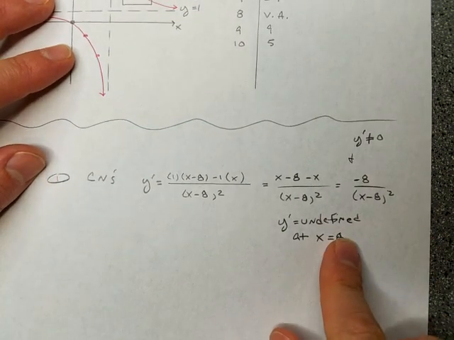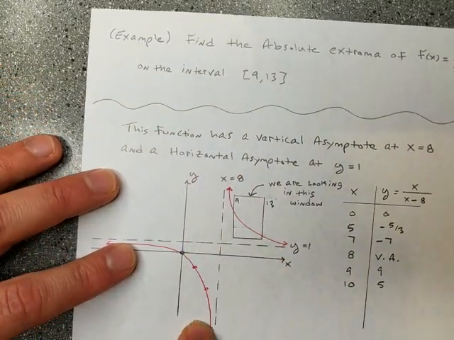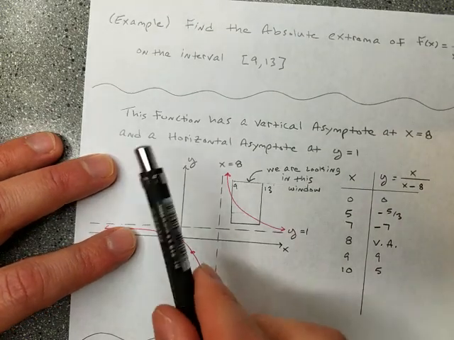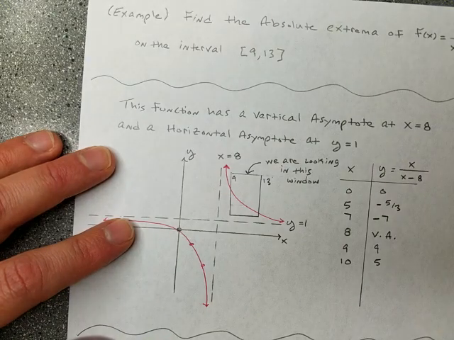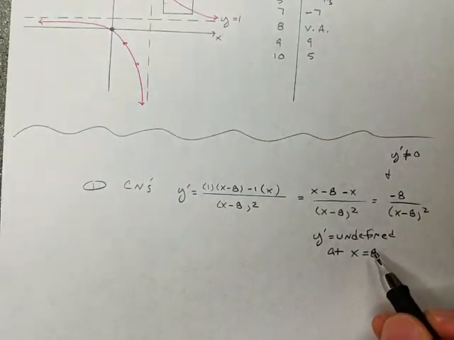No, this one is undefined at 8 because the graph is not continuous at 8. It's got this vertical asymptote, and it's where there's this gap where the graph does not connect to itself across that line. Okay, that's the reason. But still, it's undefined at 8.